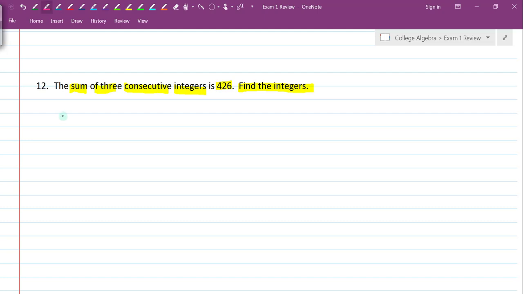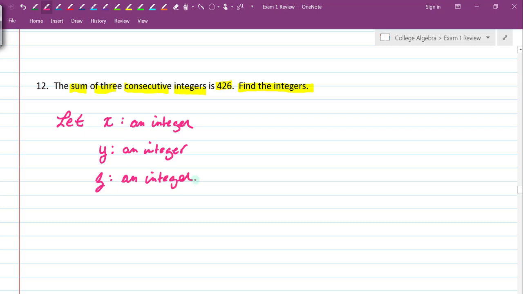So we're going to let x denote an integer, we're going to let y denote an integer, and we're going to let z denote an integer.